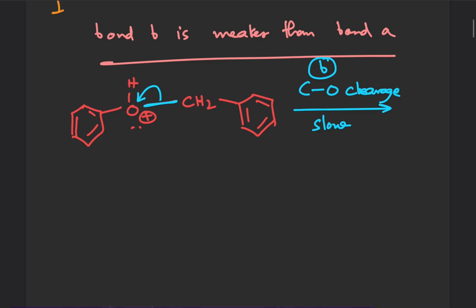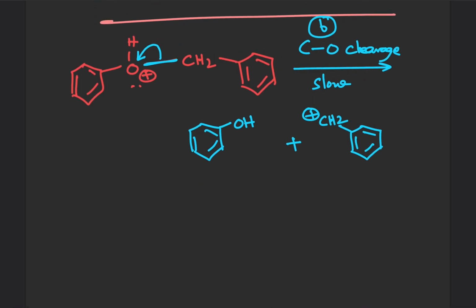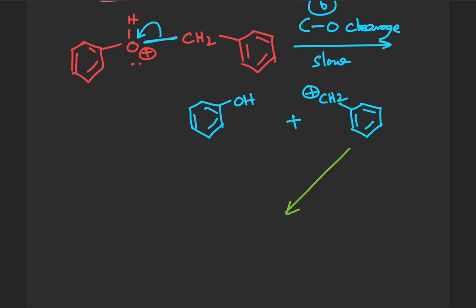This is a slow process, and since oxygen took these electron pairs with itself, it will form the compound phenol. Since both electrons are taken by this oxygen, this carbon will have a positive charge, so we get a carbocation, CH2 plus. Next, I minus is going to attack, which is a very fast nucleophilic attack, and it goes and attacks this CH2.